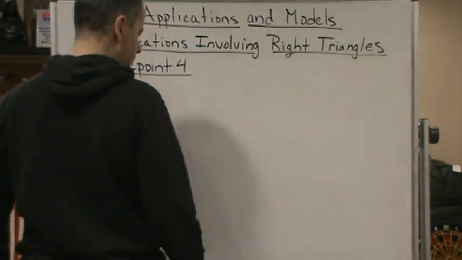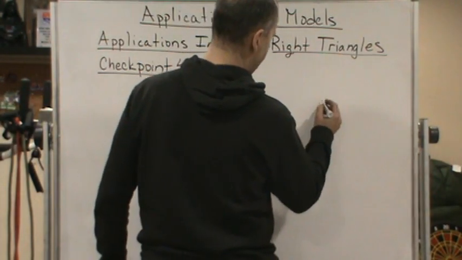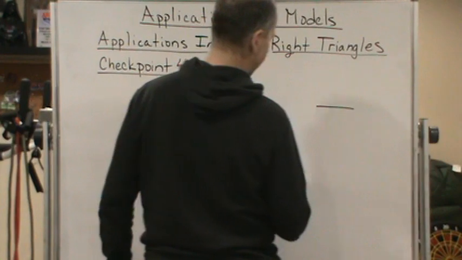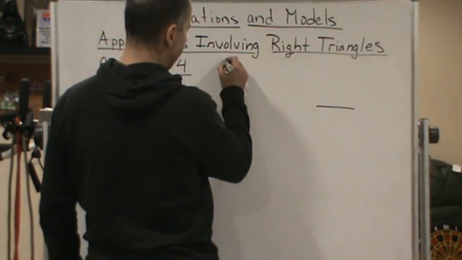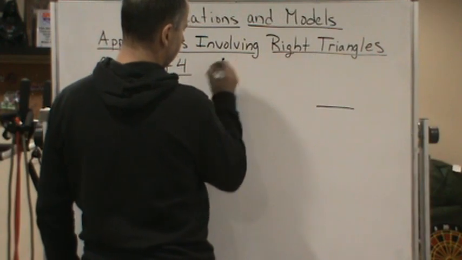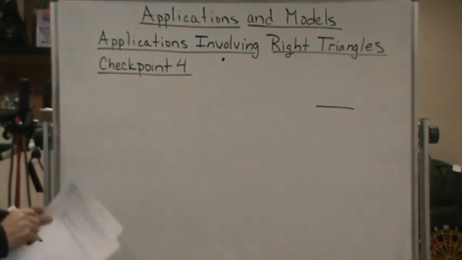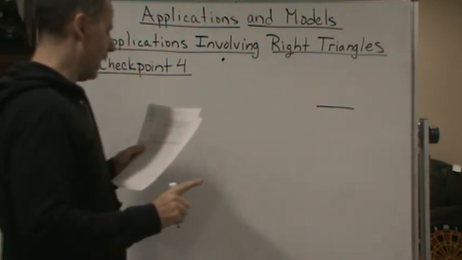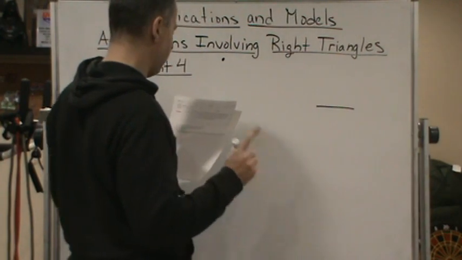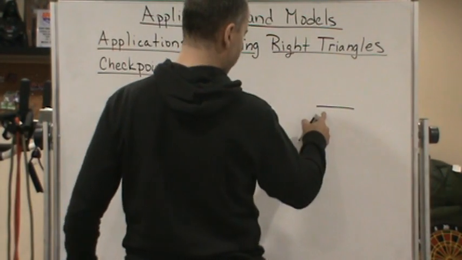Okay, so let's draw a picture. So we've got, let's say this is our runway, right? And so our plane is right there. And it says at the time that it starts its descent, it's 100 feet high and 1,600 feet from the runway.